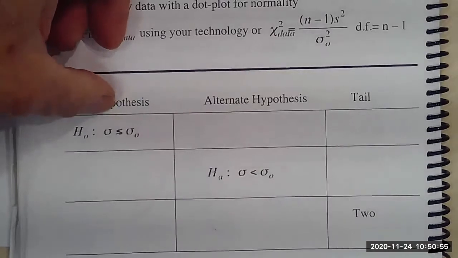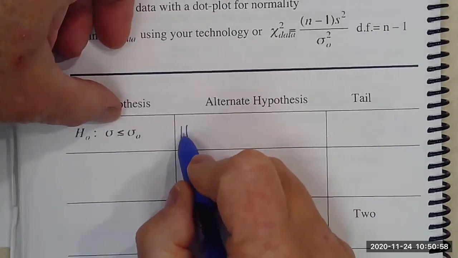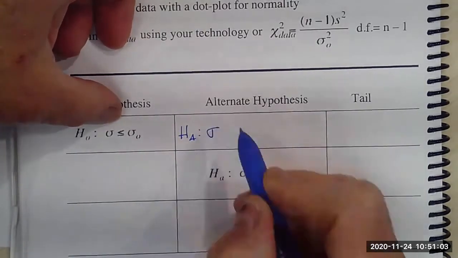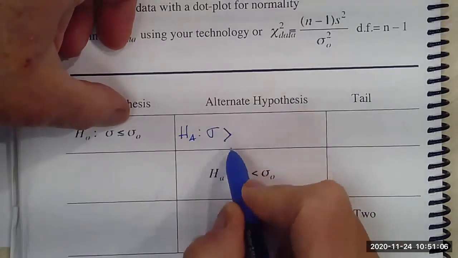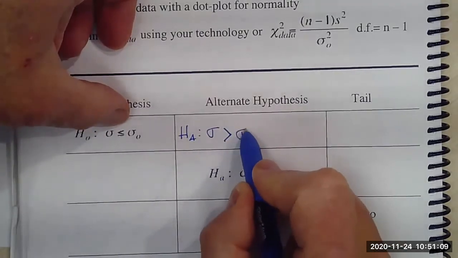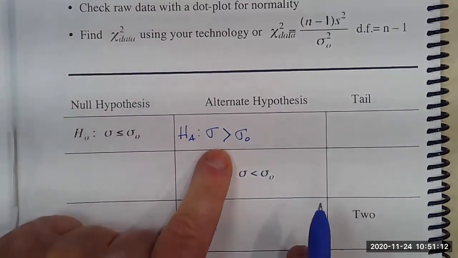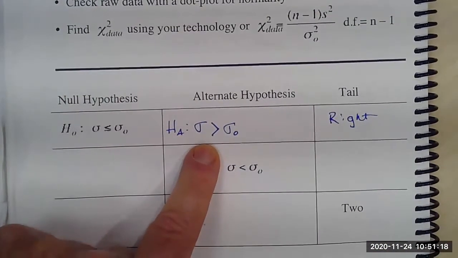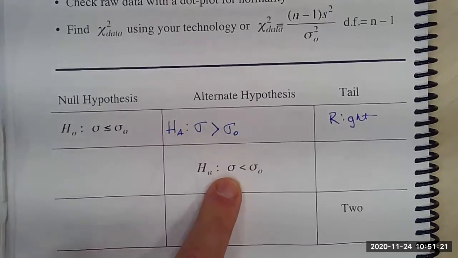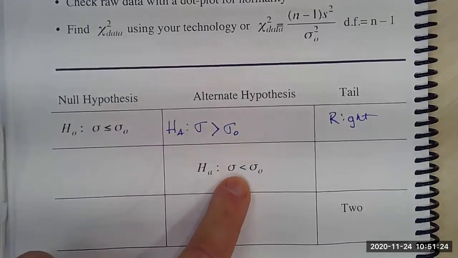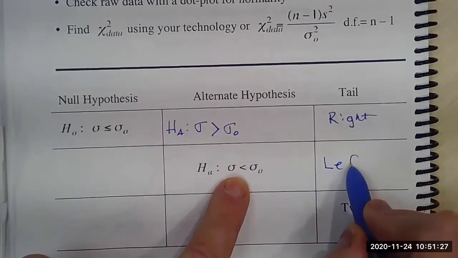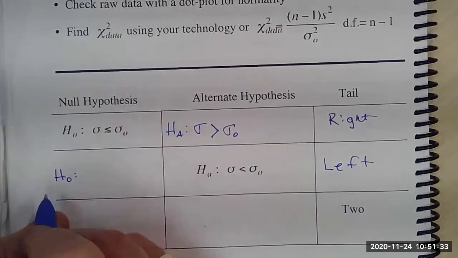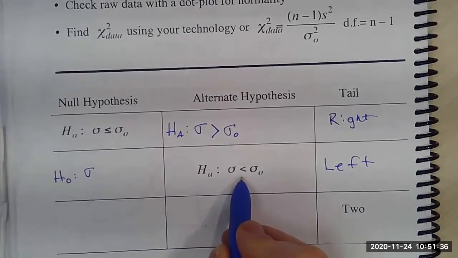So I've got this little chart. If I started off with this, you know that H sub A would have to be the other notation. And then this would be a sigma, not a mu. Sigma, this would have to be greater than, no equal sign on this one. Sigma sub naught. And the tail is based on the alternate. So that's a right tail. Let's say you're given this. And gosh, that's a left tail. Then you go H sub naught, and then you go sigma greater than or equal to.